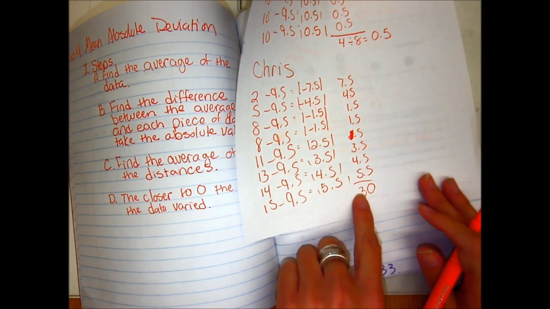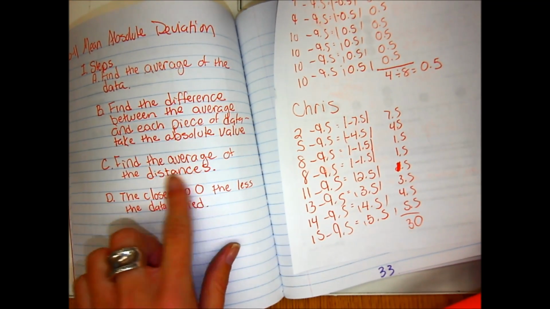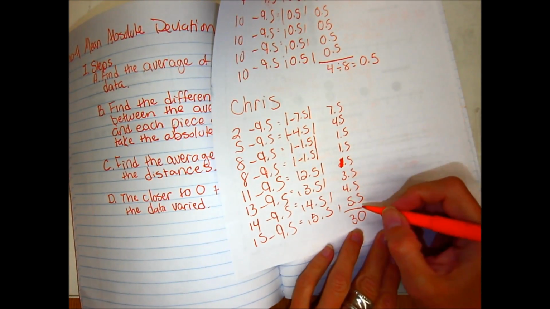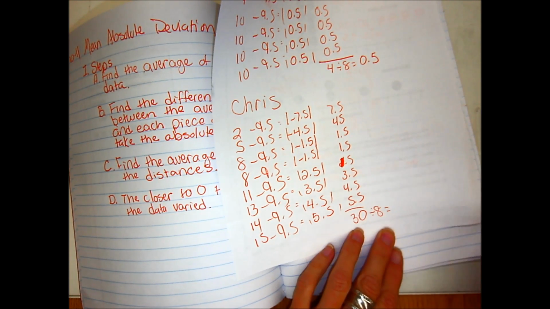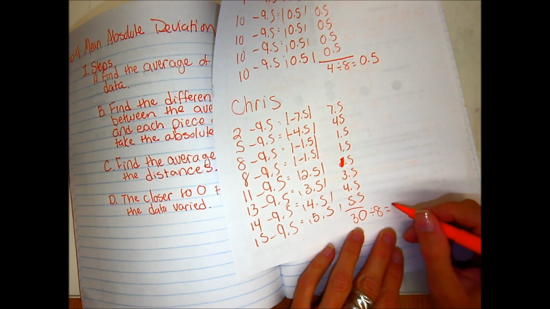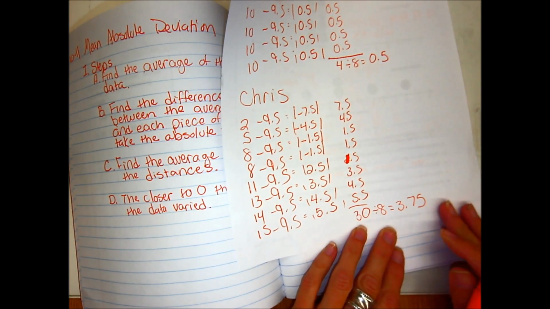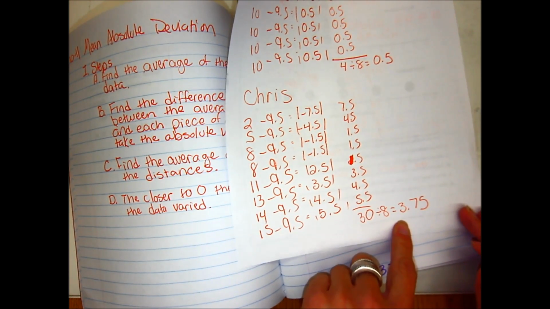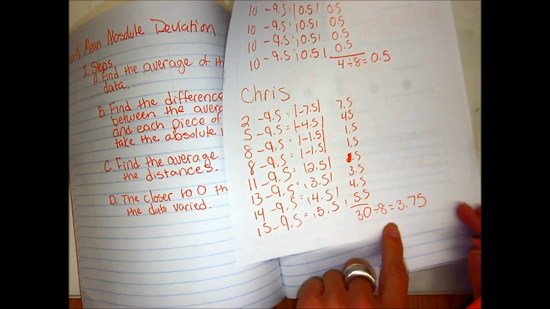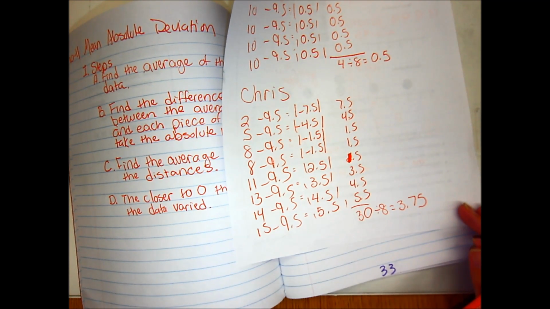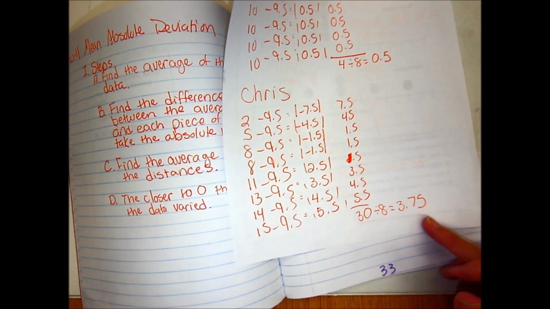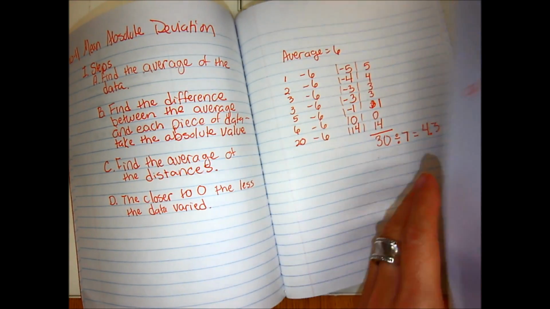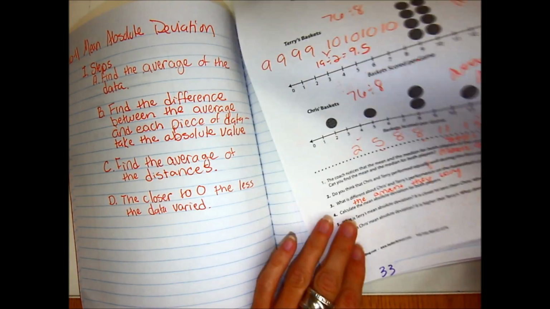When I add all of these up, my next step was to find the average of the distances. So 30 divided by 8 gave me 3.75. So Chris, even though they both had the same average, Chris's baskets varied by about 3 per game, meaning sometimes he was almost 3 higher than 9.5, and sometimes he was almost 3 lower than 9.5.